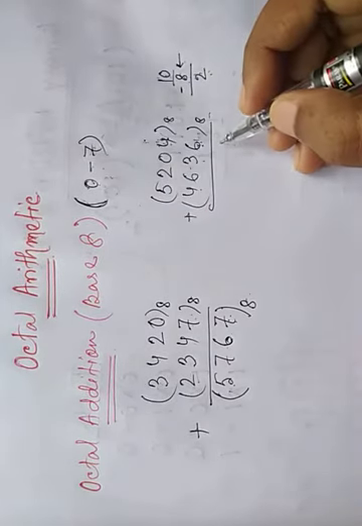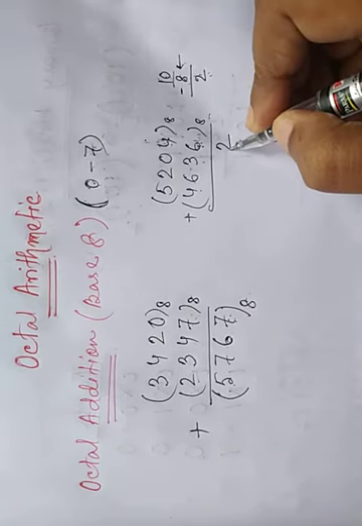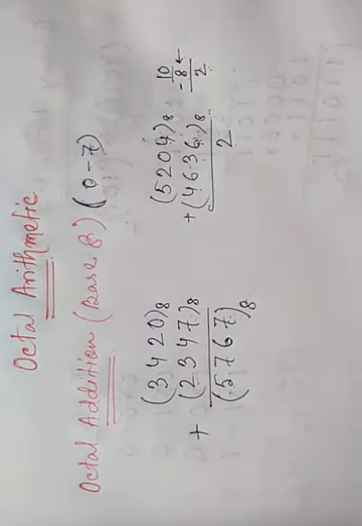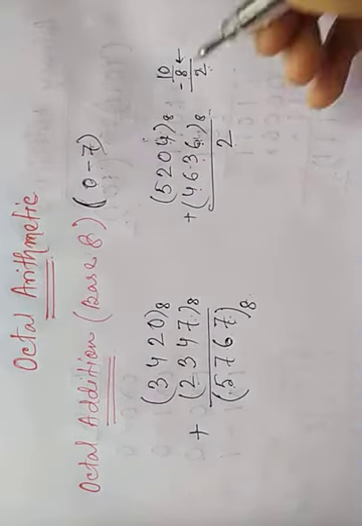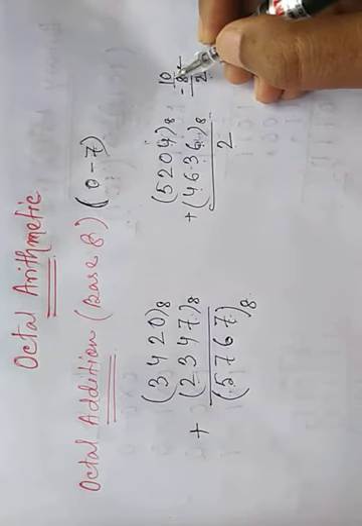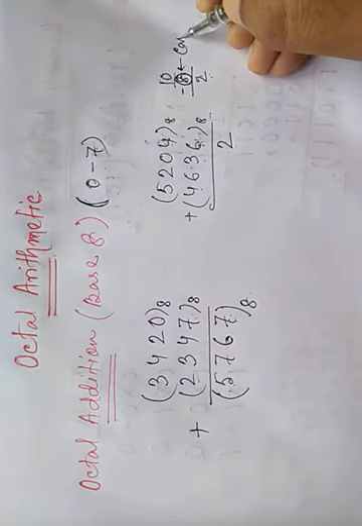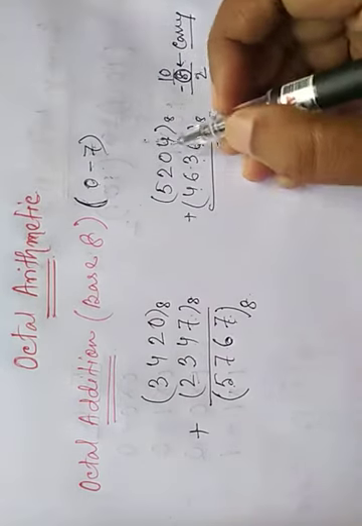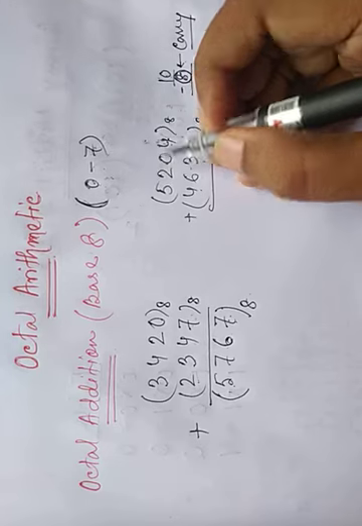Then 2 we leave, so we write 2 here. And after that you can see here 8 is extra. So this 8 is taken as a carry to be added to its left hand side digits.